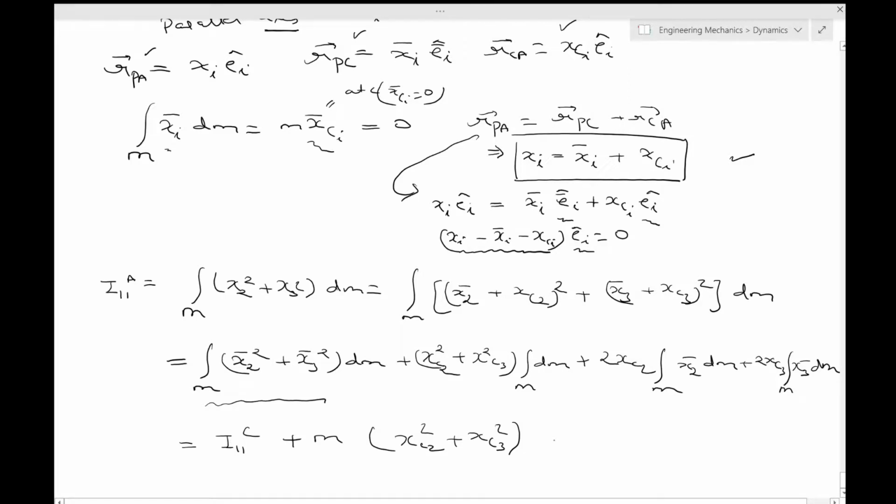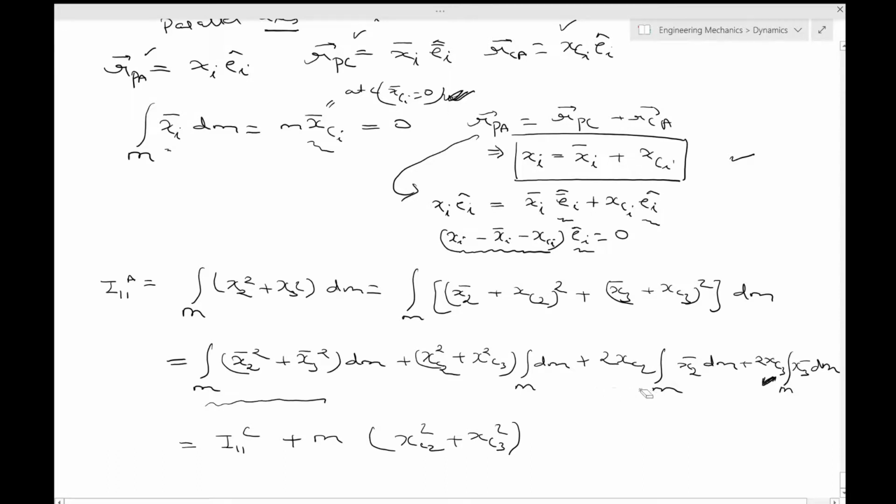Okay, and the other two quantities would be 0 because xc2 and xc3 are 0. Remember over here, because these are the coordinates of the center of mass. Okay, so this would be equal to 0.